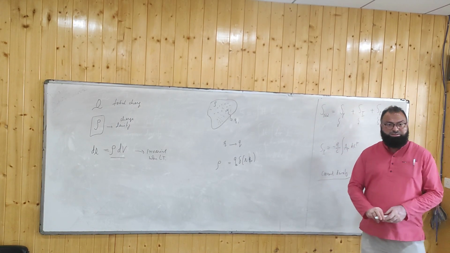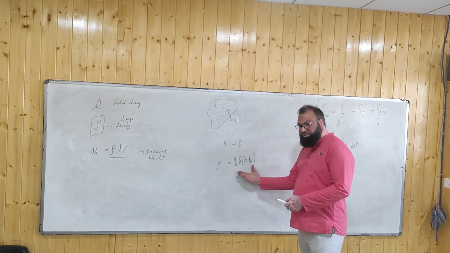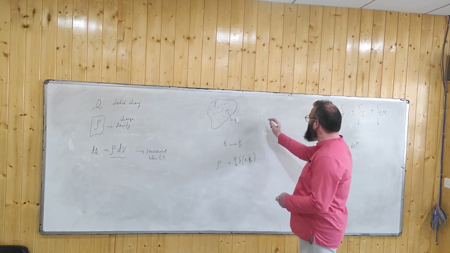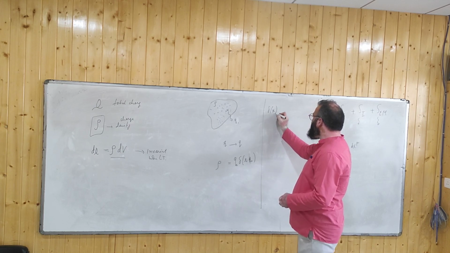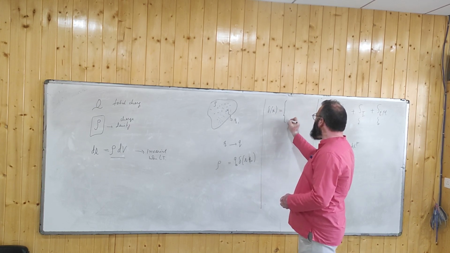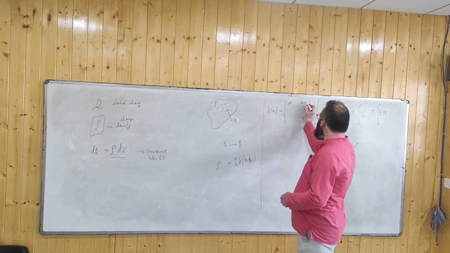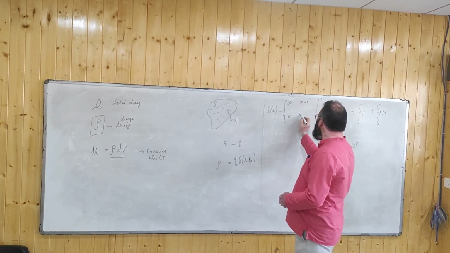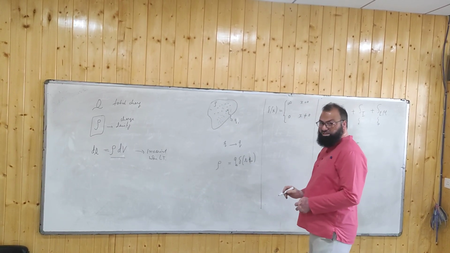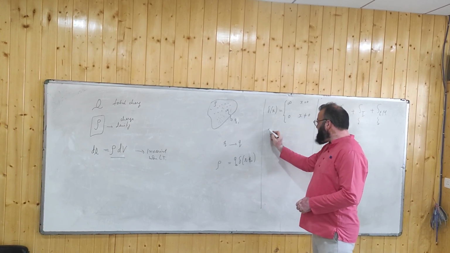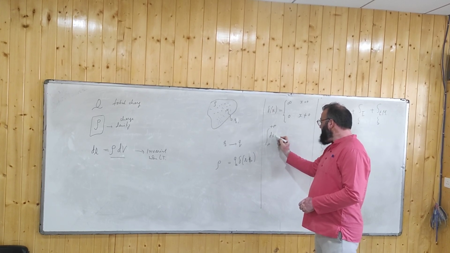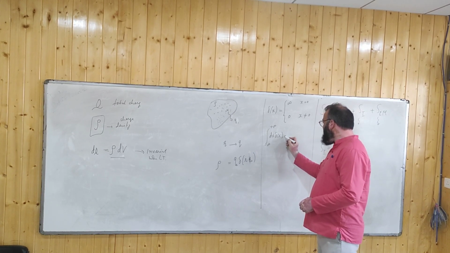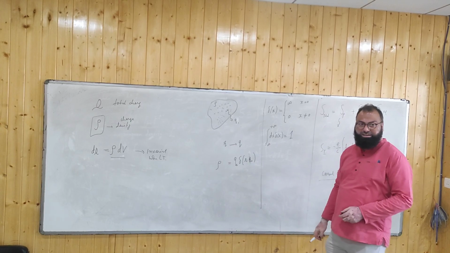Okay? You know the Dirac delta function? So let me write a Dirac delta function. Delta of x is defined this way. It is infinity when x is equal to 0, and equal to 0 when x is not equal to 0. It is supplemented by the condition that the area under this curve is equal to identity.